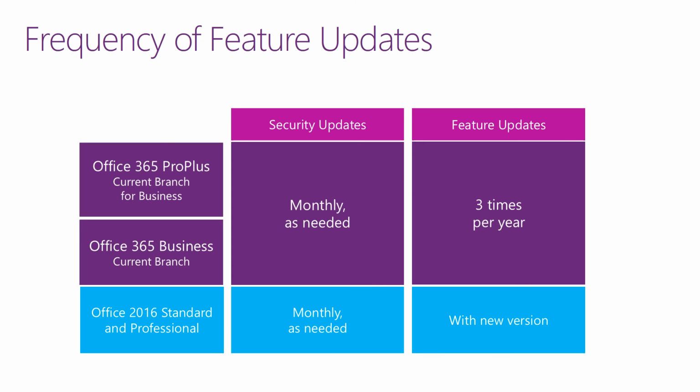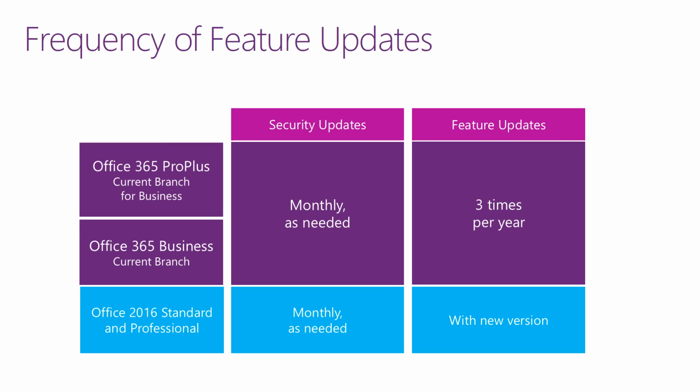These are delivered on a monthly basis as needed. And then for the feature updates, the Office 365 editions are on either the current branch, where updates are delivered as soon as they're available, or on the current branch for business, where they're deferred. Note that Office 365 Pro Plus is on the current branch for business as a default, but it could be changed to the current branch if a business preferred that.